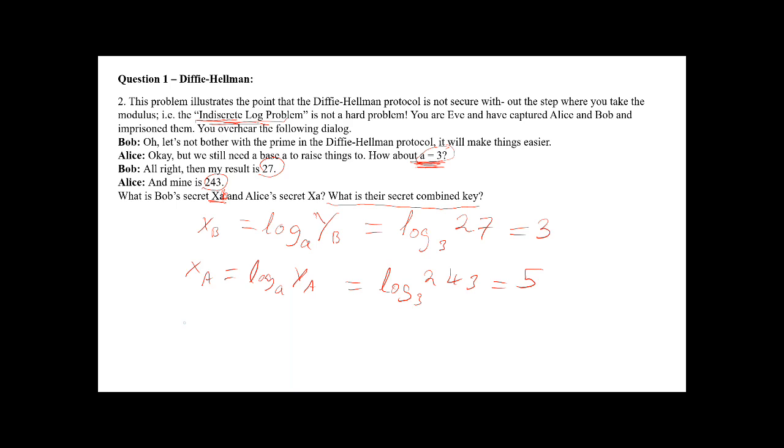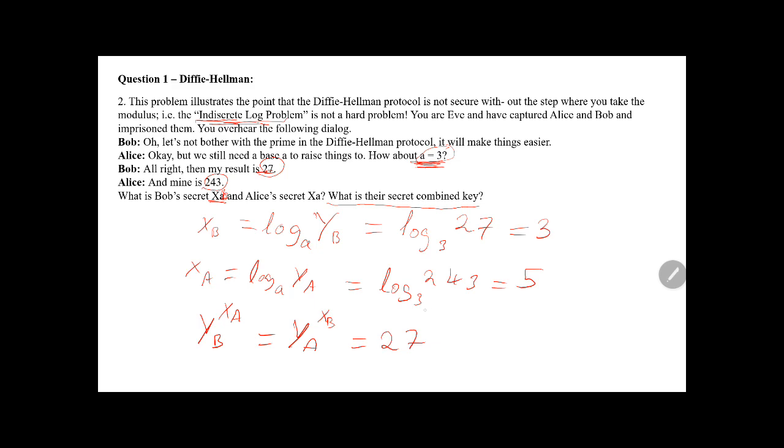In order to get their shared secret key, we do as follows. For Alice to generate the shared secret key, she puts Bob's public key power her private key. For Bob to do the same, he puts Alice's public key power his private key. In Alice's case, it will be Bob's public key, which is 27, power her private key, which is 5.